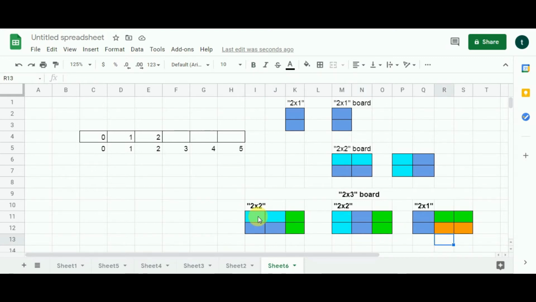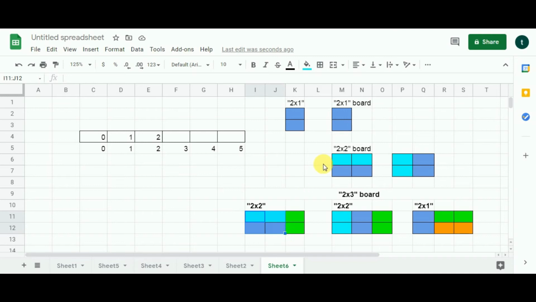Let's check this first figure. From this arrangement, if you take out this last one, which is in green, then observe the remaining arrangement. This arrangement we saw for the 2 by 2 board. Observe that the tile we ignored for a while was placed vertically.